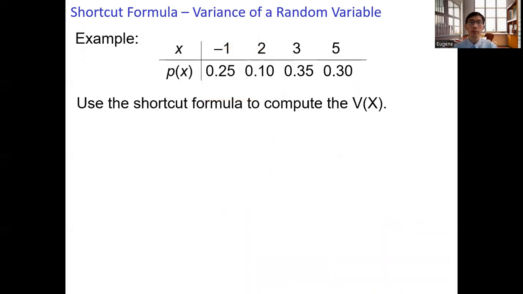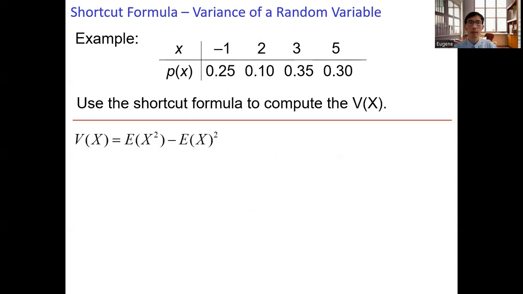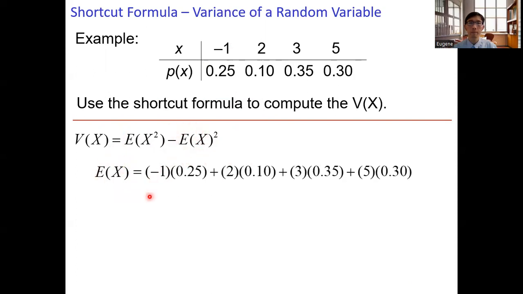Let's use the shortcut formula to compute the variance of X with this PMF. Okay, we get the shortcut formula. Compute the expected value of X. We need this in the last term. So upon calculation, we get E of X equals 2.5.